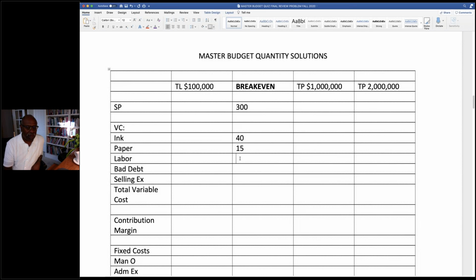Labor, 5. Selling expense, with bad debt, 60. So we add up all of these, how much do we get? 180.